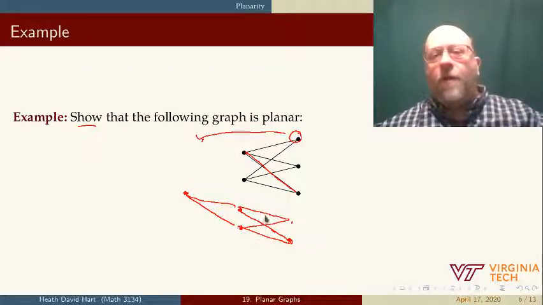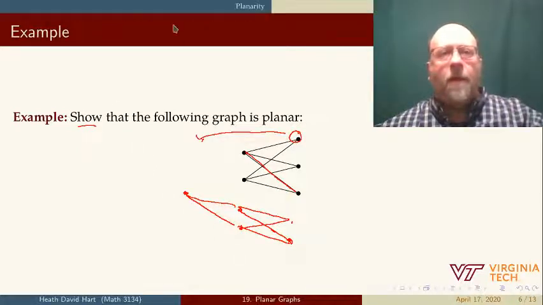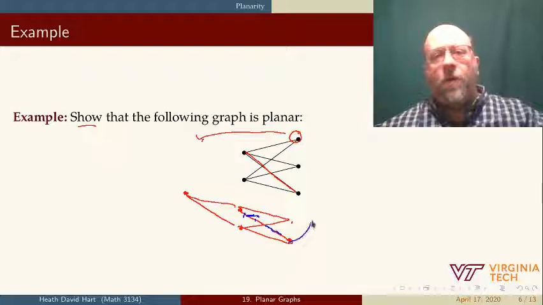And so I can get rid of that second intersection by removing this edge and drawing it going around the outside instead of going straight across.